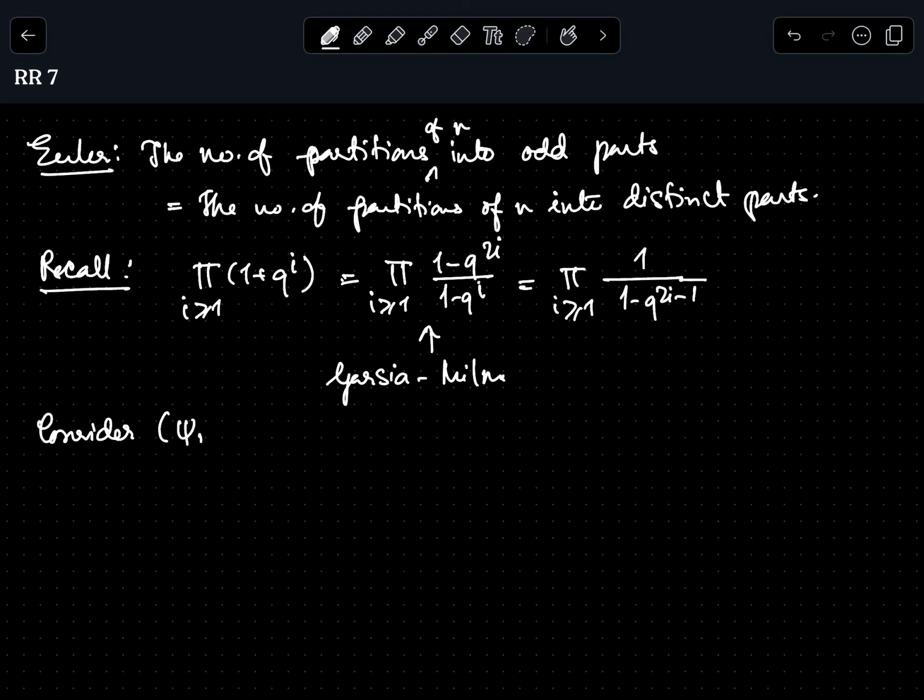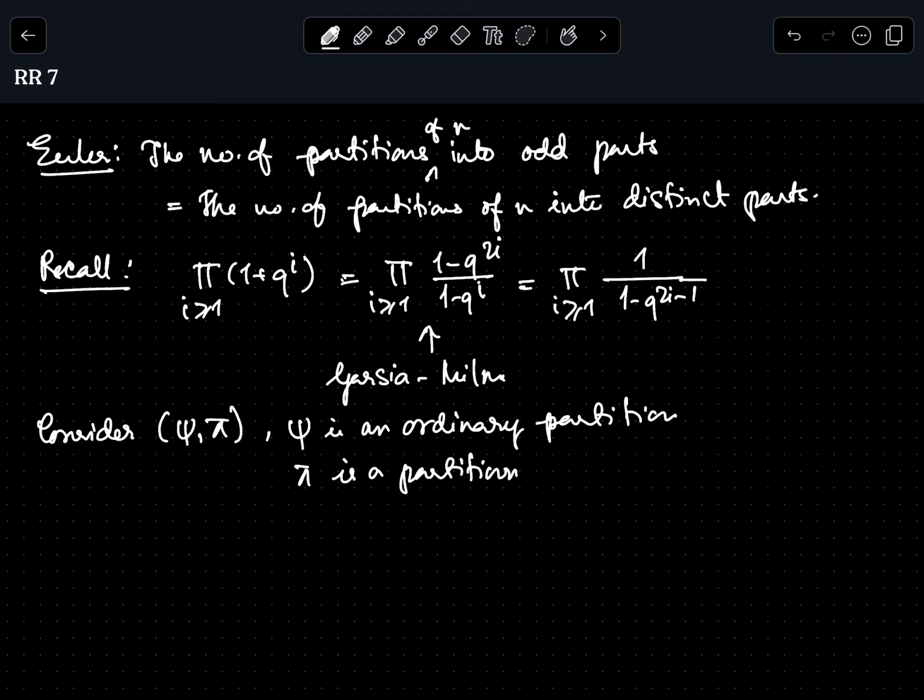So let's say psi and pi, where psi is an ordinary partition, and pi is a partition into distinct even parts. Okay? And we consider that if you add up all the parts of psi and pi, then the sum of all the parts would be n.